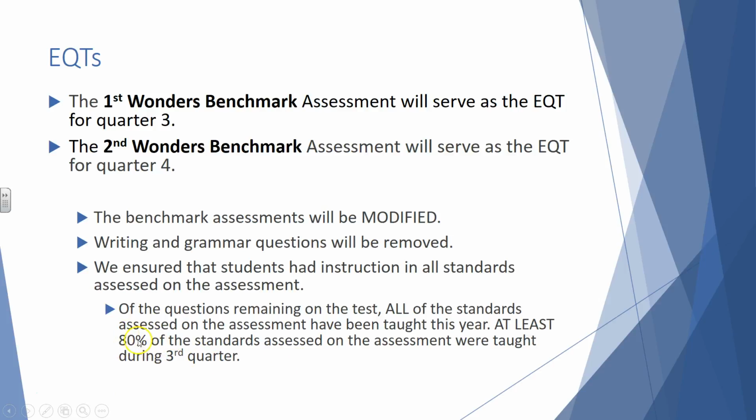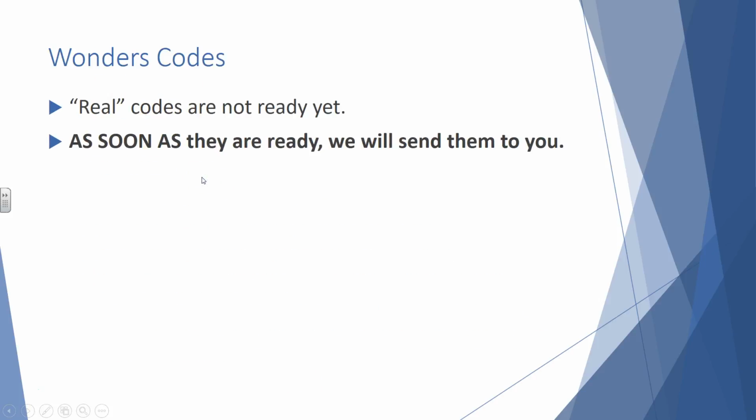Some of the tests have 99% of the questions taught during third quarter. Any questions that are left were addressed during quarter 2 or quarter 1. So your students have had instruction in all of the standards that are going to appear on your quarter 3 test, I promise.